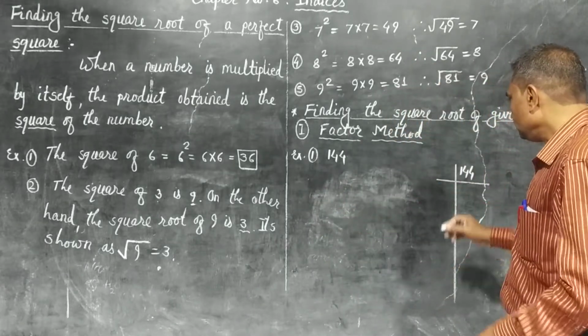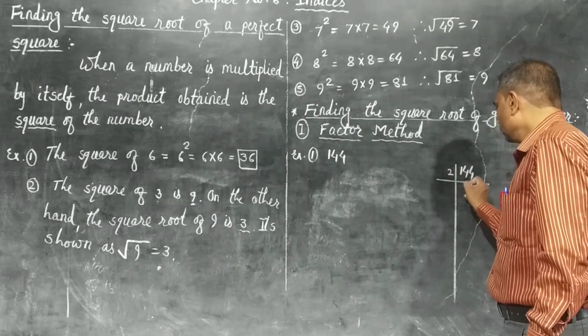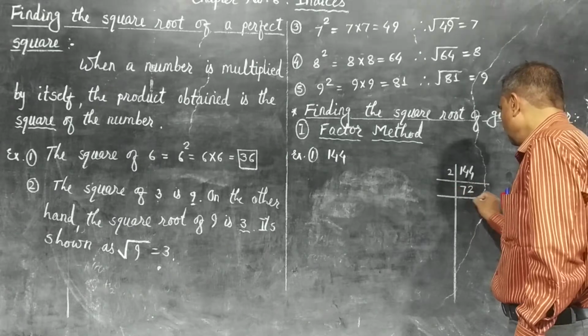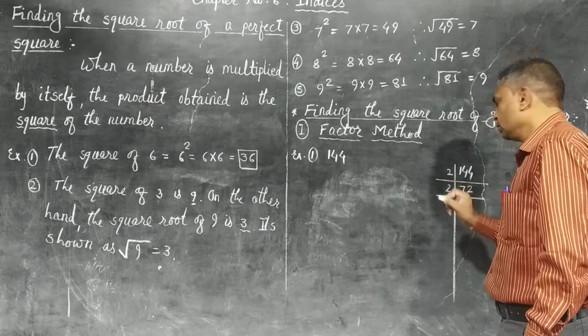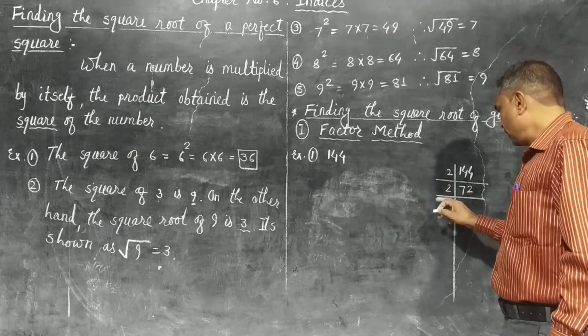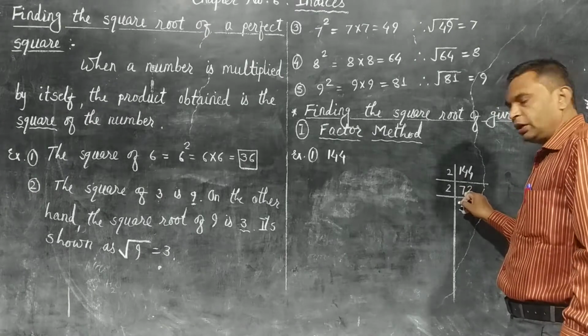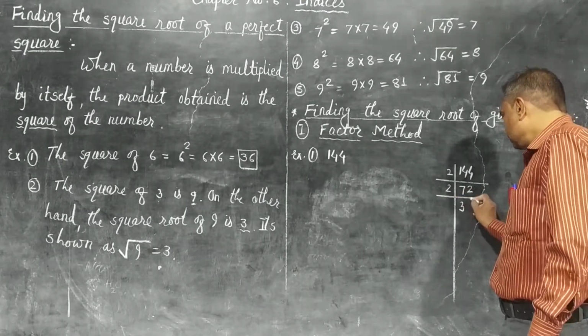Now, here in the unit place there is 4, therefore 2. 2 7s are 14, 2 2s are 4. Again, there is in the unit place 2, therefore test of divisibility by 2. 2 3s are 6, 2 6s are 12.